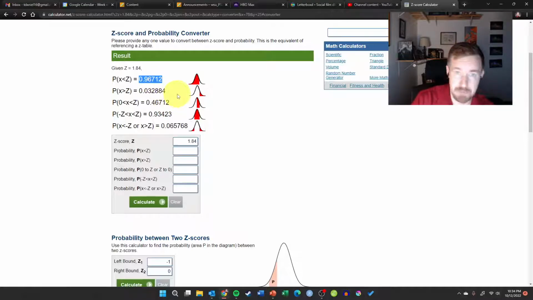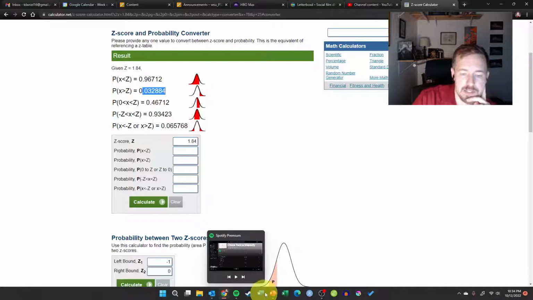That does not seem likely at all, and it's not likely. So what we would need to do is take this number and look at the inverse of it. We'd want to subtract it from 1, and that's going to give us 0.0328884, and that is the number we're looking for.